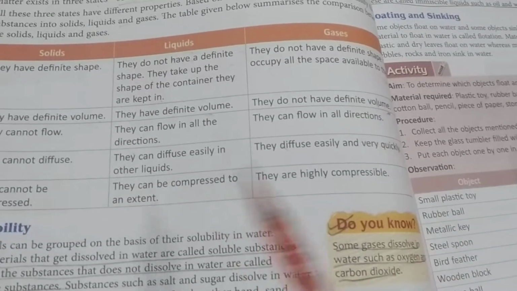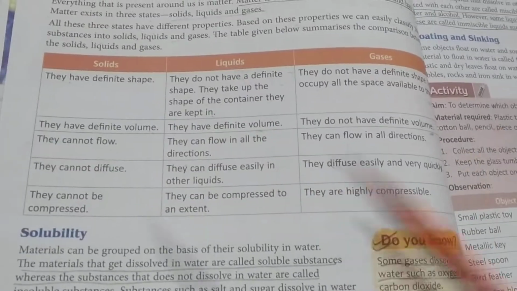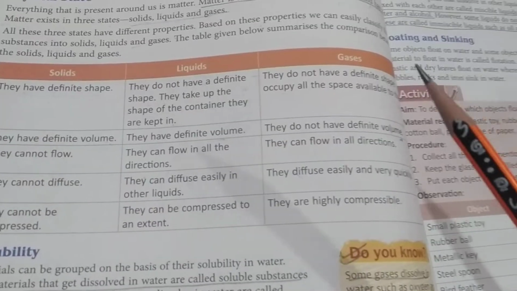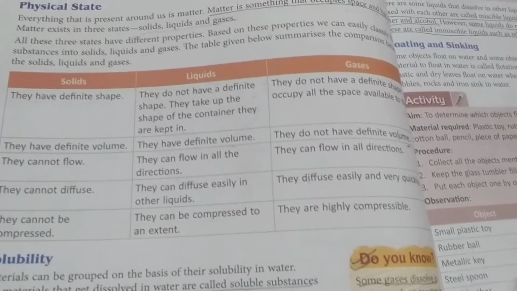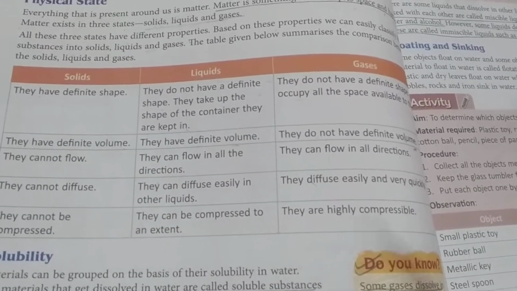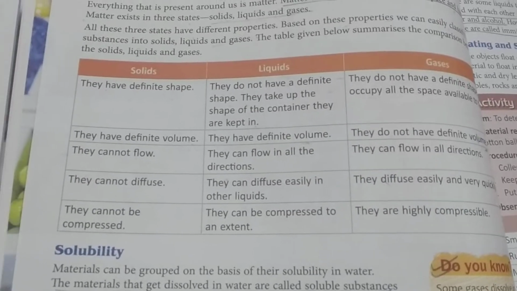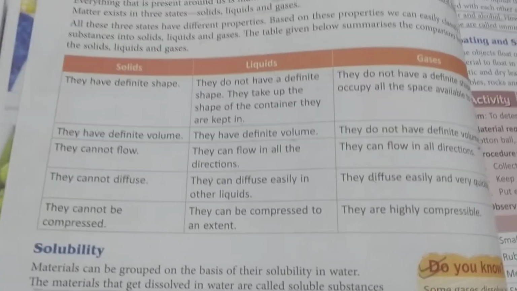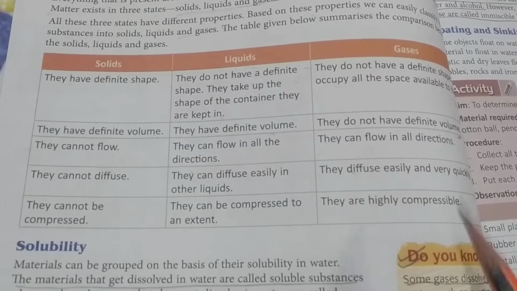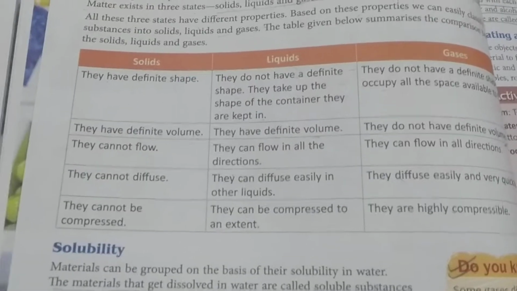This shows that liquids can flow in all directions, and gases also can flow in all directions. If you burn an incense stick and keep it in one corner of a room, your whole house will get the essence of that stick. This shows that gases occupy all the space and can flow in all directions.